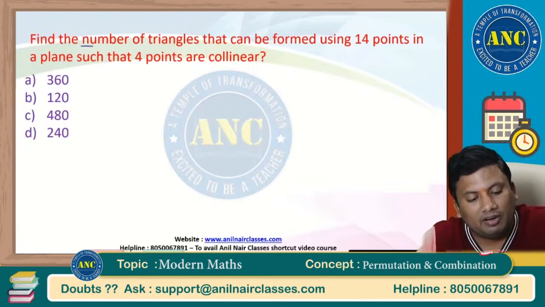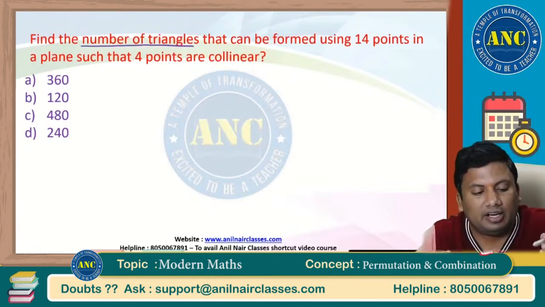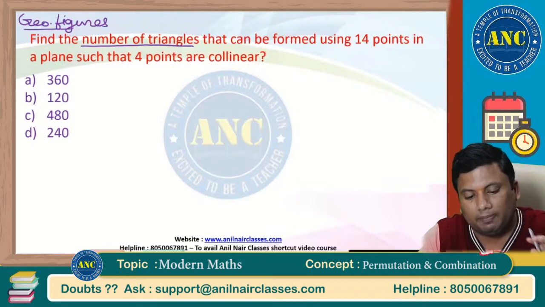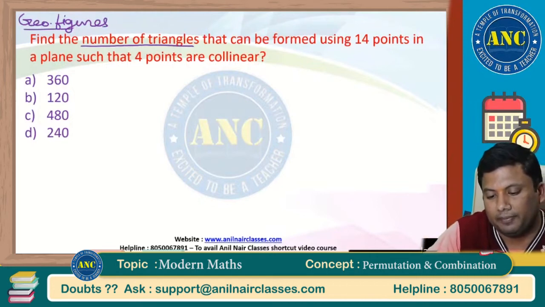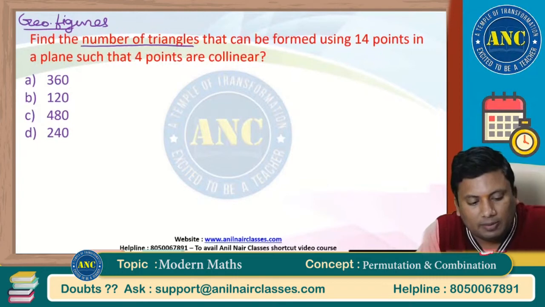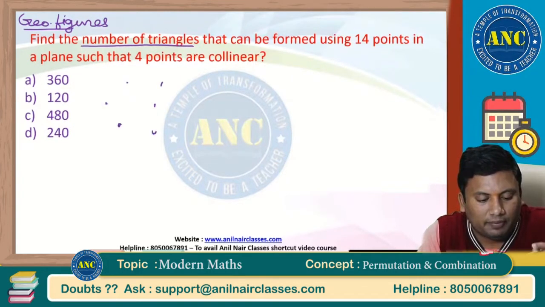Find the number of triangles. Whenever this kind of geometrical figure questions are there, to draw a triangle, how many points do we require? 3 points. That can be formed using 14 points, in which 4 points are collinear. Suppose 14 points are there, and 4 points are collinear.